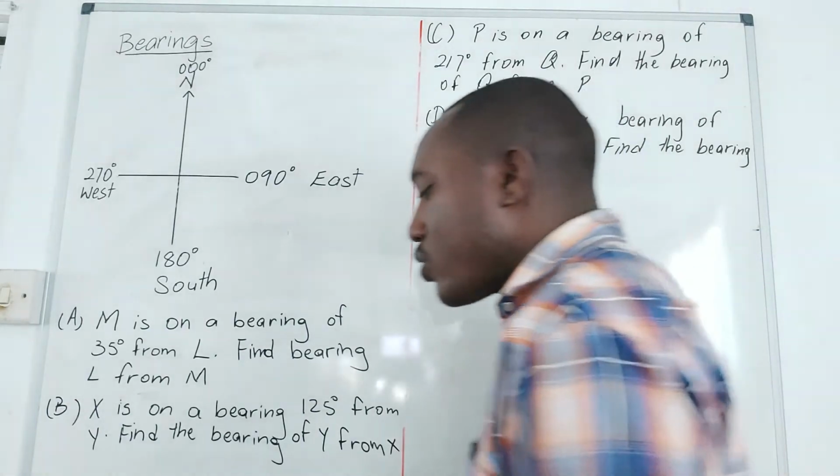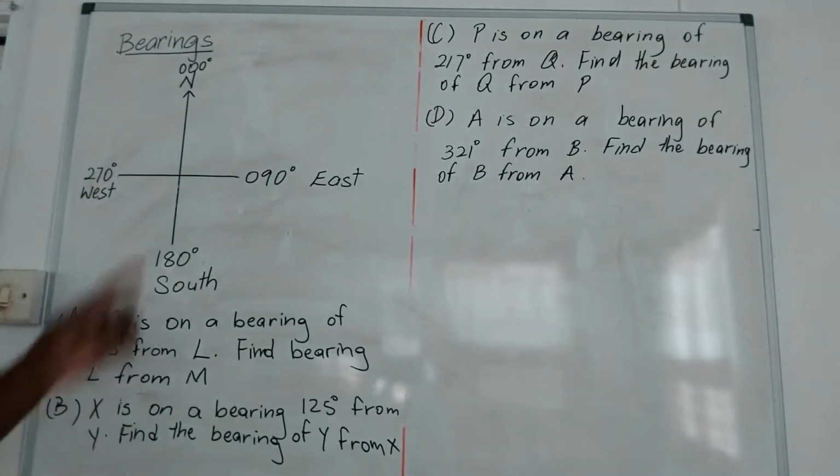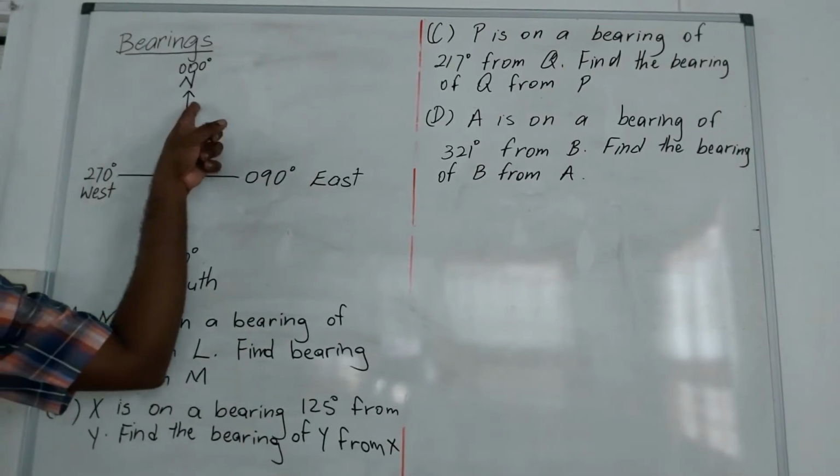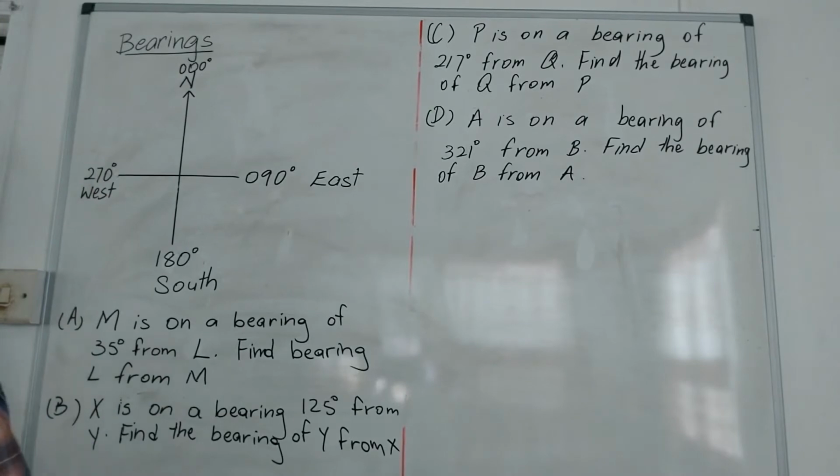So two things we need to understand: first, we always start from the north line; we always measure in a clockwise direction; and a bearing is represented by three numbers.